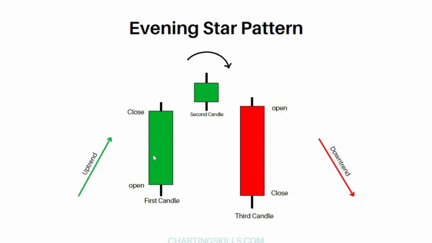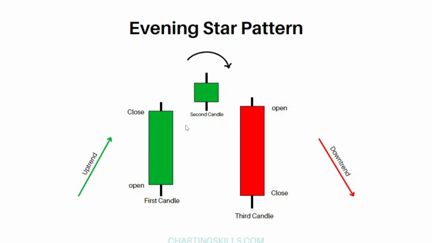In evening star pattern, the uptrend is going on, and after the bullish green candle we are having the doji at the top. Doji means opening price and closing price are close to each other and they are having comparatively larger wicks. This doji indicates indecision in the market, means the market cannot decide whether it has to go up or down.